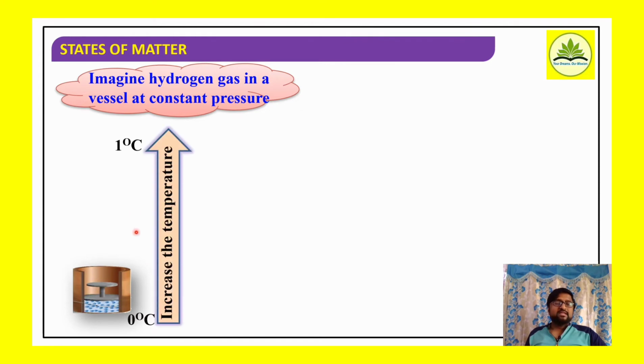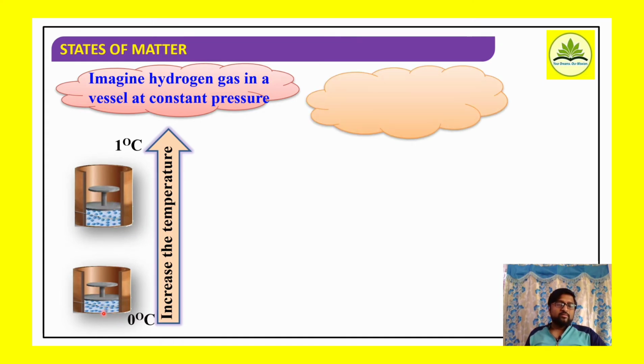Now if we increase the temperature from 0 to 1 degree Celsius, look at the volume of the gas. Earlier the volume is less, but when the temperature increases, the volume also increases. So when the temperature changes from 0 to 1 degree Celsius, there is an increase in the volume of the gas.